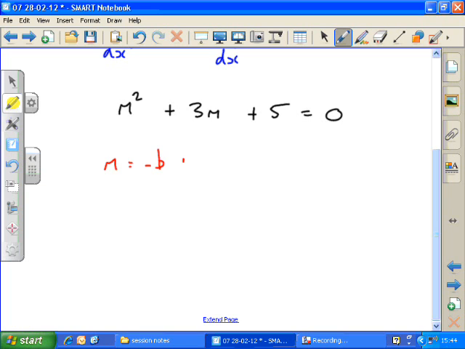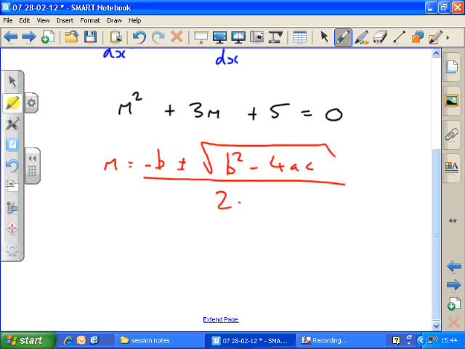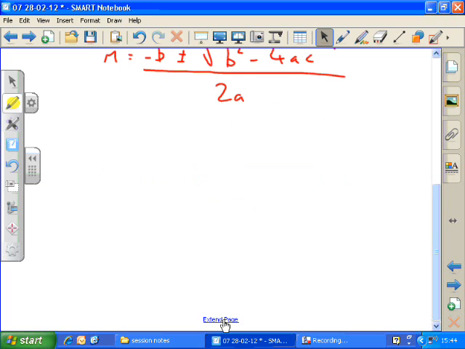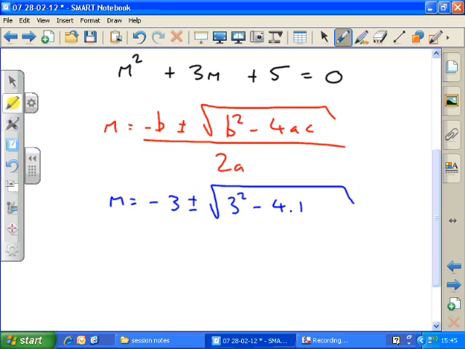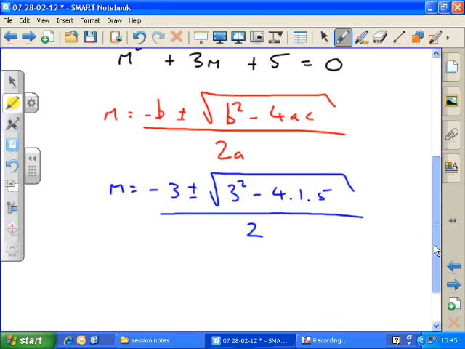m equals minus b plus or minus the square root of b squared minus 4ac all over 2a. Plugging the numbers in from this auxiliary equation, m equals minus 3 plus or minus the square root of 3 squared minus 4 times a times 5 all over 2 times 1 is 2.